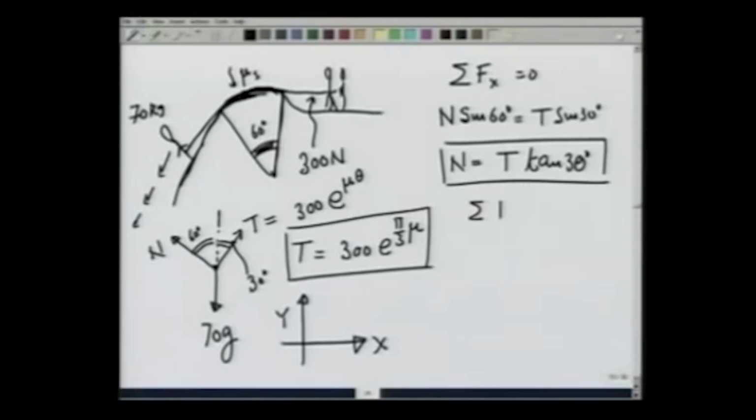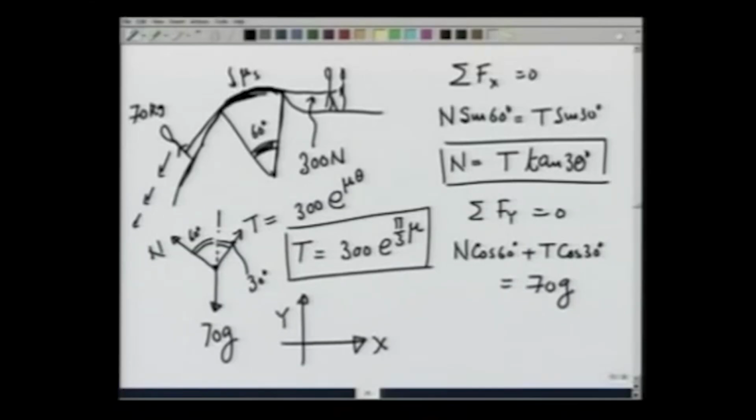Summation Fy is equal to 0 gives me N cosine of 60 degrees plus T cosine of 30 degrees is equal to 70 g.